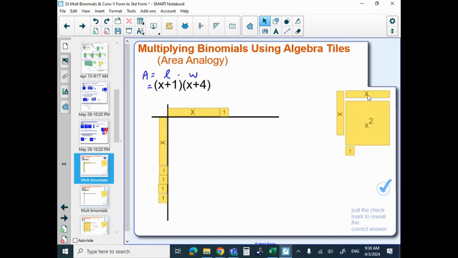So what happens then is you can see that this area here is that, right? So that area equals the x plus 1 times the x plus 4 because the length times the width, right? That's what this is, length times width, right?